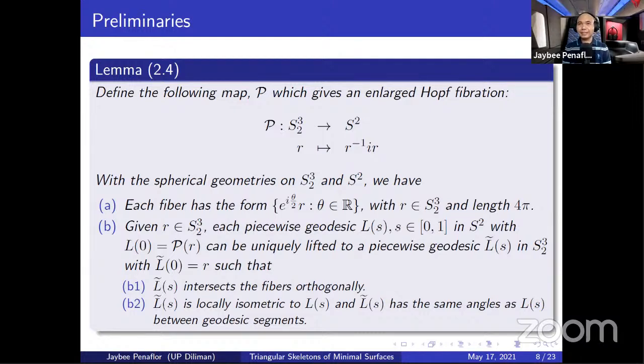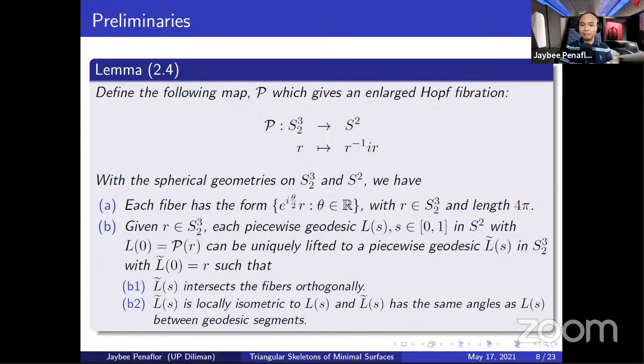That means that the lengths of the segments in the lifted geodesic are the same as the lengths of the segments in the original geodesic in S2. And then the angles between these geodesic segments also have the same measures. And then finally, what if we actually close the original geodesic in S2?